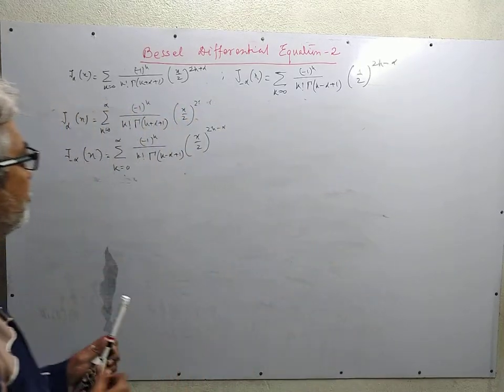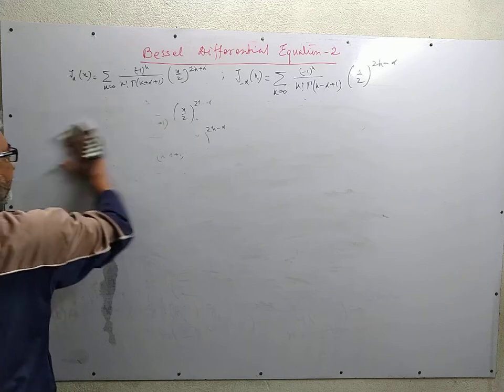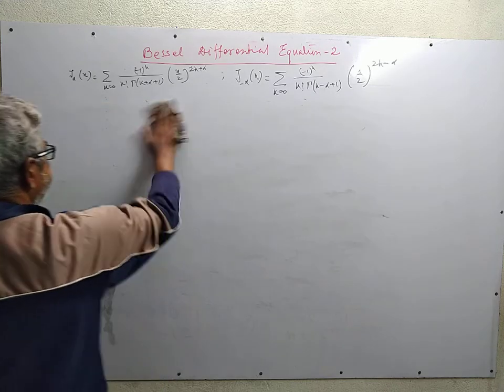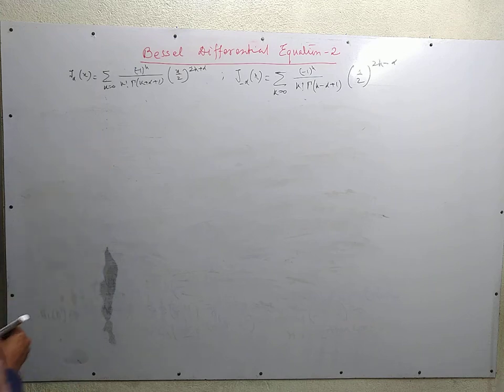These are the two series. One is for m is equal to alpha, other one for m is equal to minus alpha.